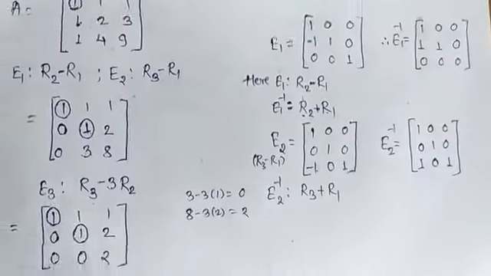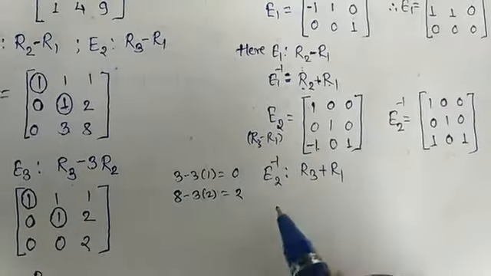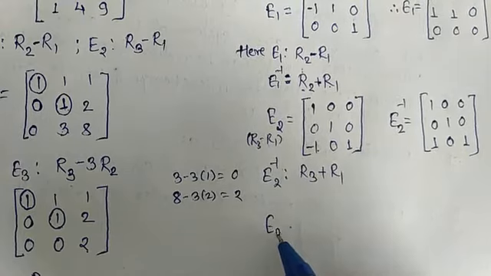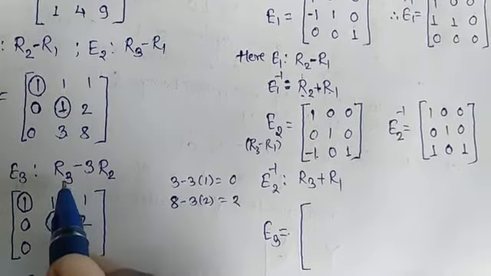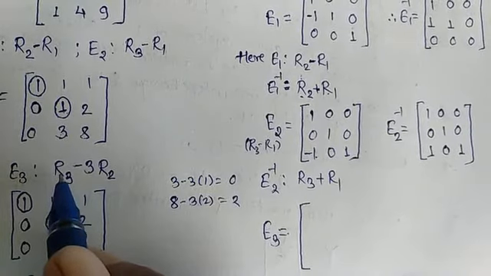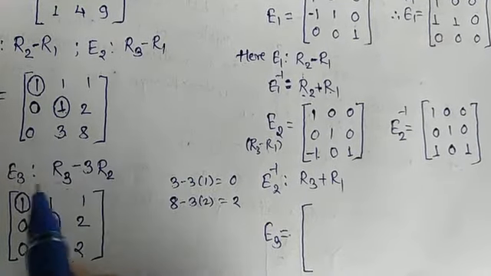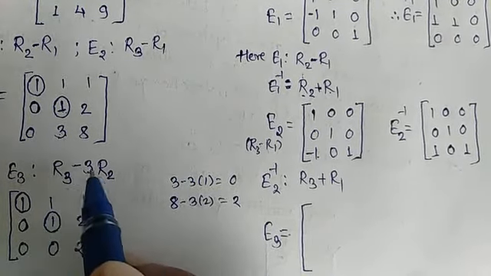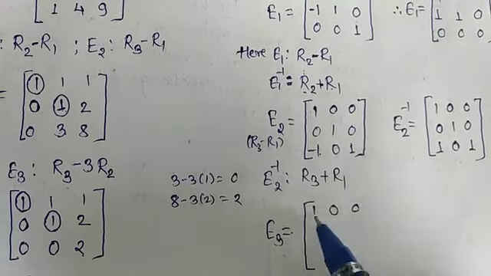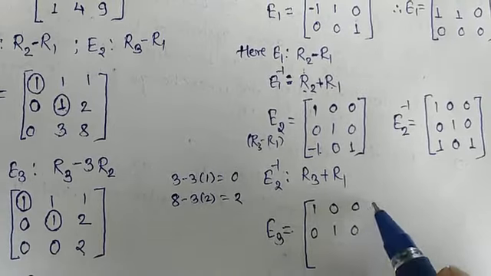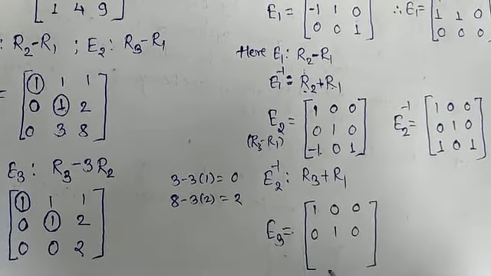Now E3 inverse. First, E3 is the matrix for the row operation R3 minus 3R2. The first two rows stay as it is, 1 0 0 and 0 1 0 of the identity matrix, and there will be a change at the third row only.